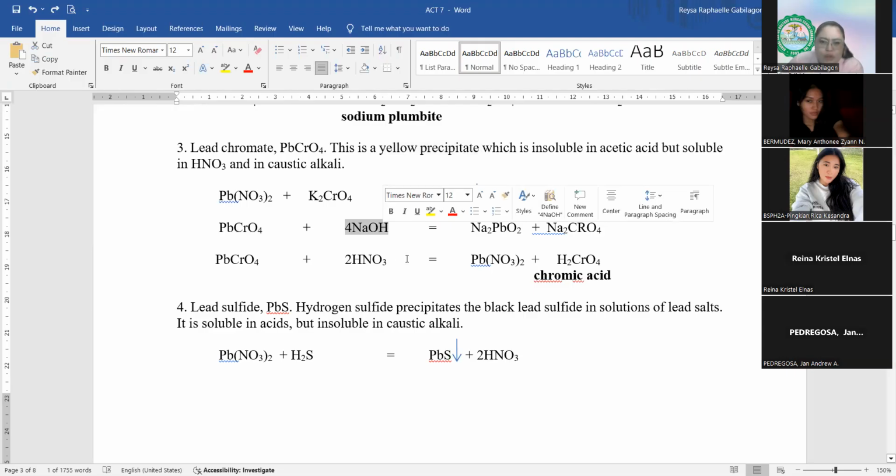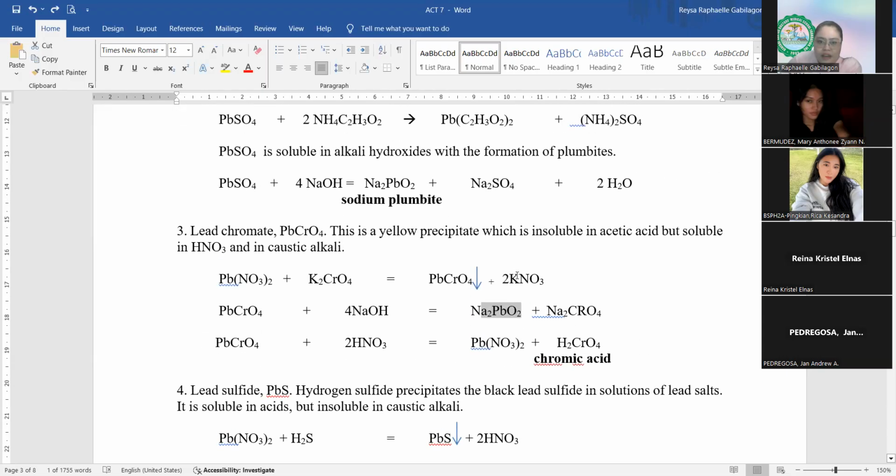So, your answer there should be soluble. The product that forms, this one, the sodium plumbite, is soluble. Okay? Again, it's soluble in sodium hydroxide. This is for nitric acid but we did not perform this in the lab. Supposedly lead chromate, you add nitric acid to it.